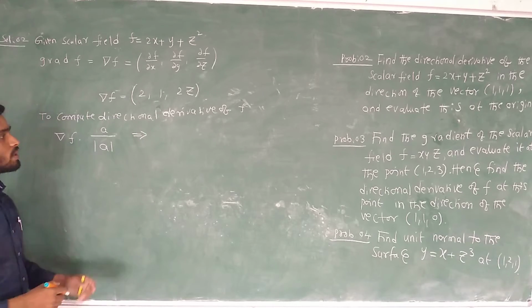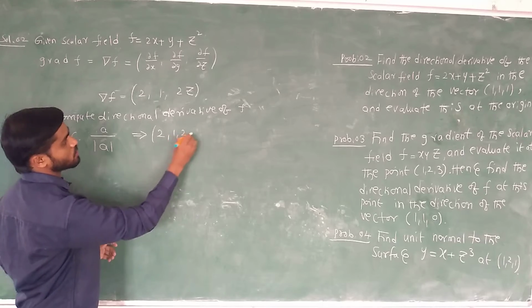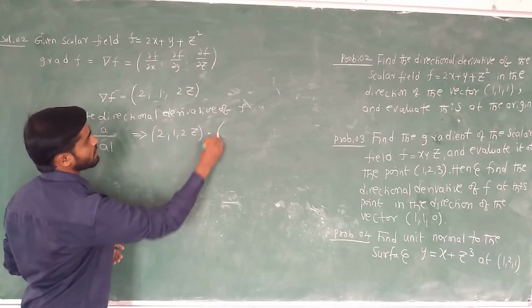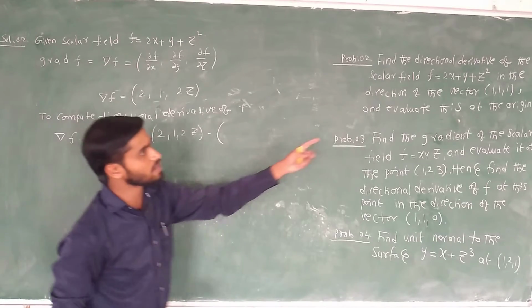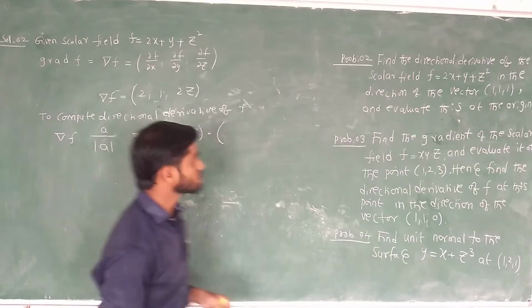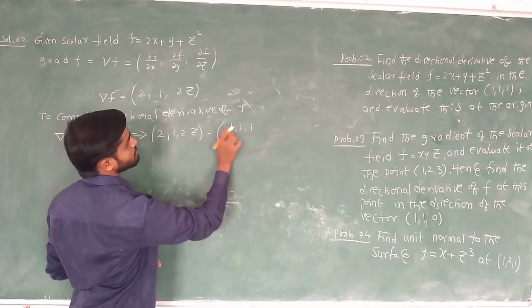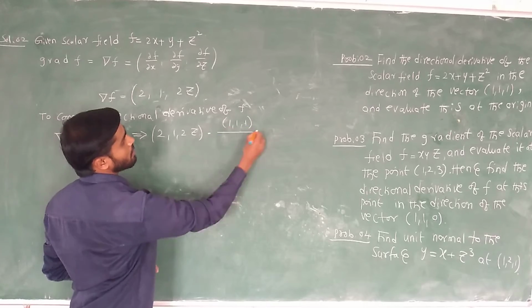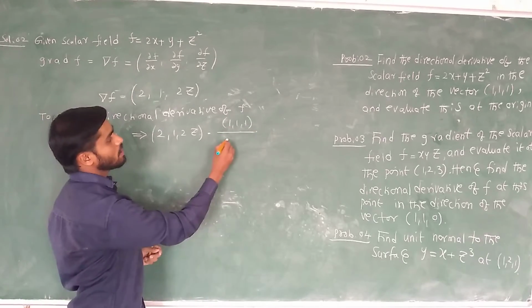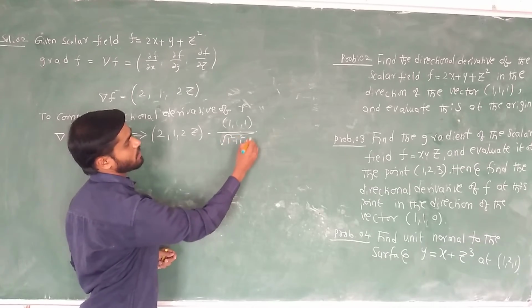Del f is already computed, that is (2, 1, 2z), dot product with a by mod a. Here the given vector a is (1, 1, 1), divided by its magnitude, which is the square root of 1 square plus 1 square plus 1 square.